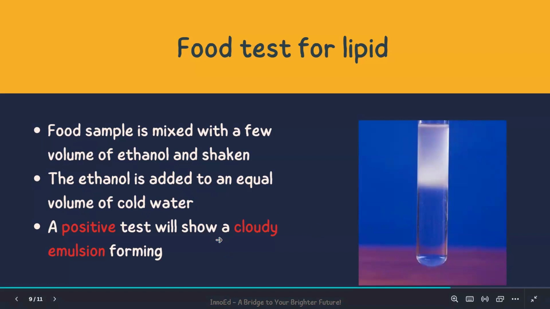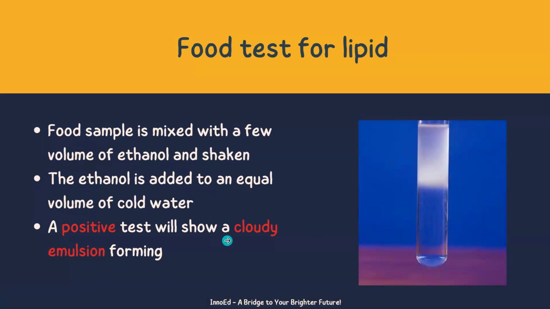If the sample shows a cloudy emulsion, it means the test is positive, which means the food sample contains lipid. You have to be able to write this down in your exam paper to gain marks if the question asks you to describe whether a food sample contains lipid.